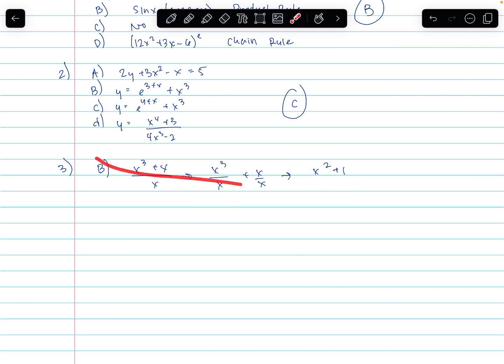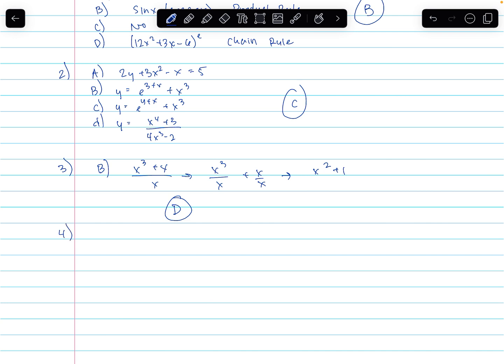So not B. For C, that looks more like a chain rule. Now, I would say D is the answer. D would need the quotient rule for sure. Can't do the same method like we did in B.